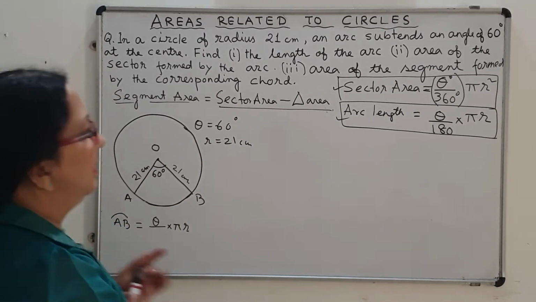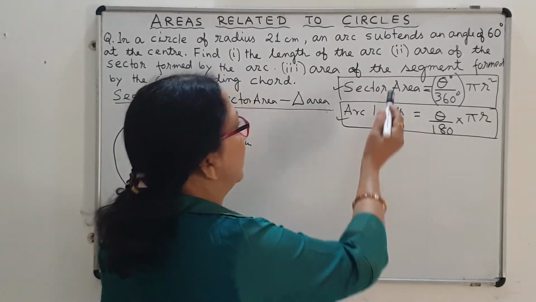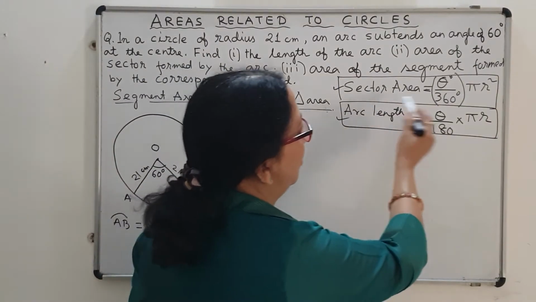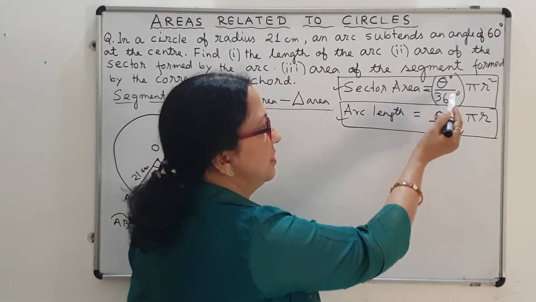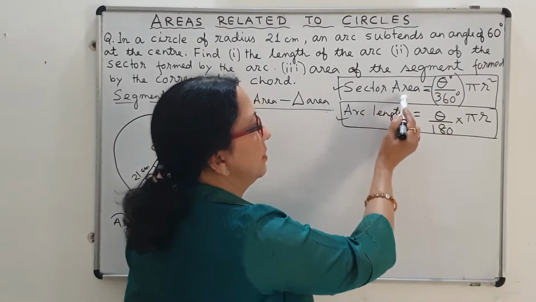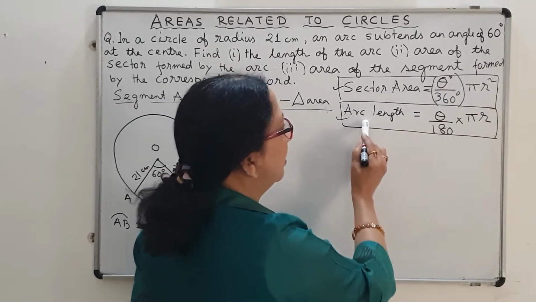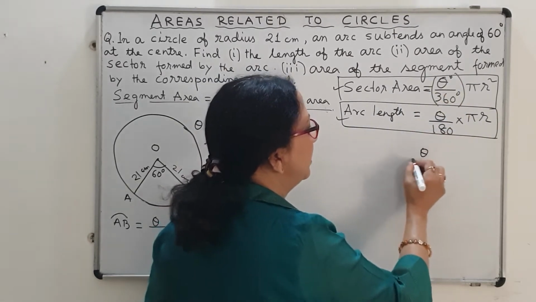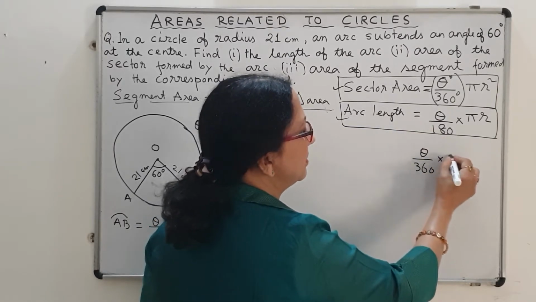Actually, one thing you should observe. For sector angle and arc length, theta upon 360 is a fixed ratio. With that, in the case of sector area, we multiply this ratio with the area of the circle, and for arc length, the same ratio theta by 360, since it is length, we multiply with the circumference.